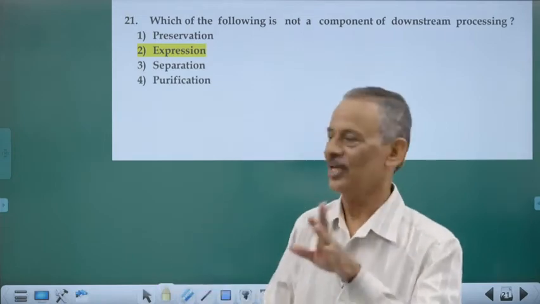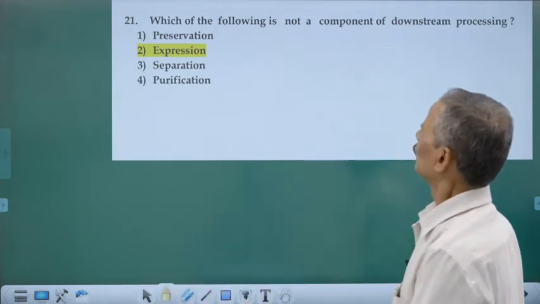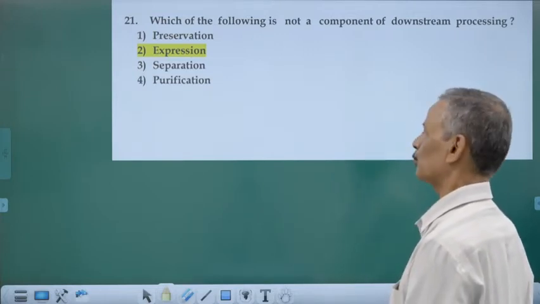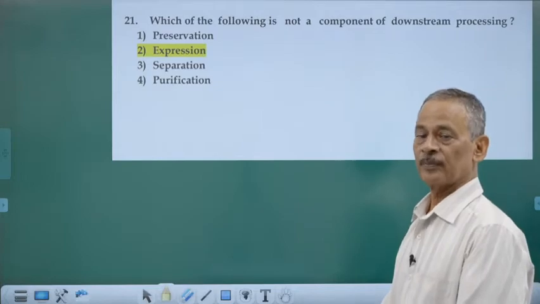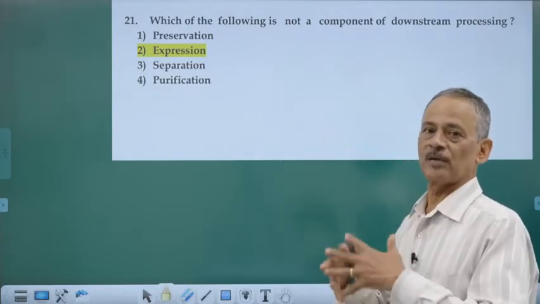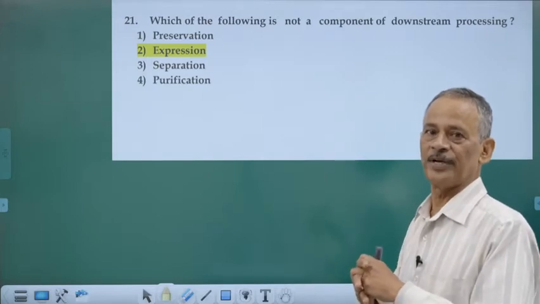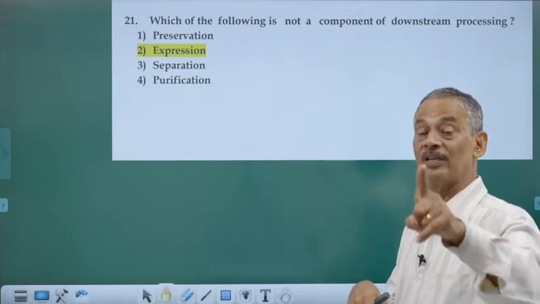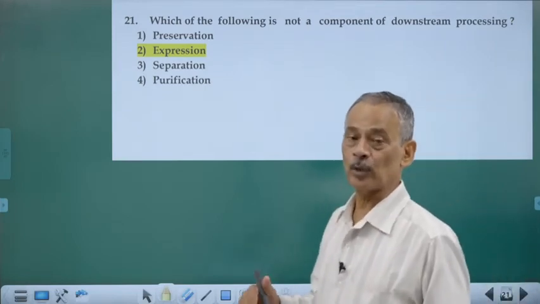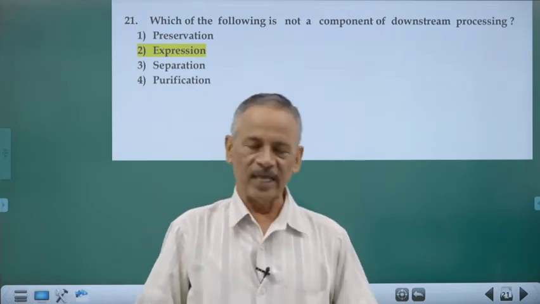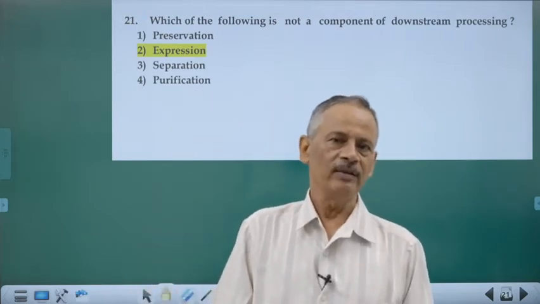Okay. Now, which of the following is not a component of downstream processing? What is downstream processing? From the culture medium, we take out the used culture medium, from which we have to isolate and separate our desired protein. The recombinant protein is to be isolated, separated, and then purified.